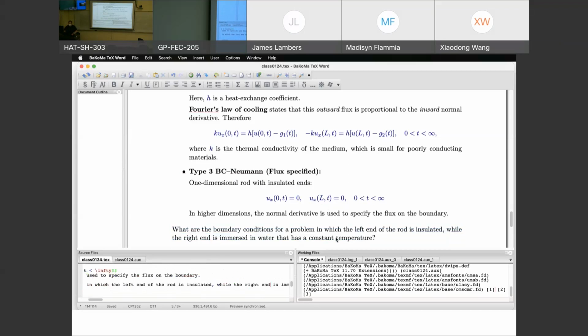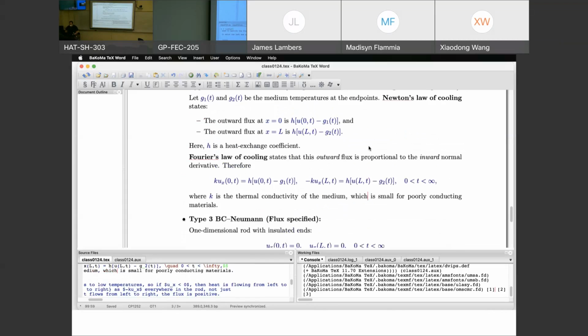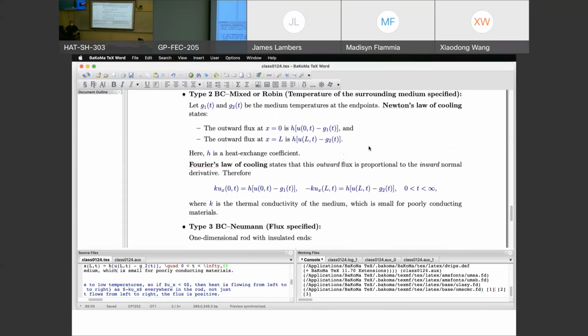Are there any questions about these types of boundary conditions? For the Robin condition, when it's talking about G1 of t and G2 of t, those are not the ends of the rod that it's talking about, it's the conditions around the rod.